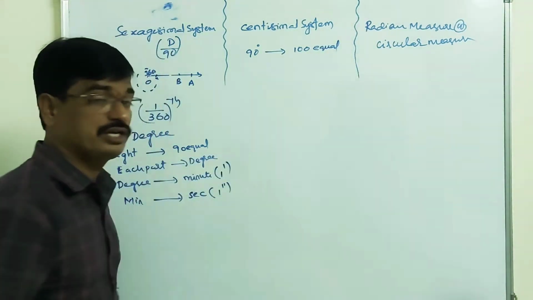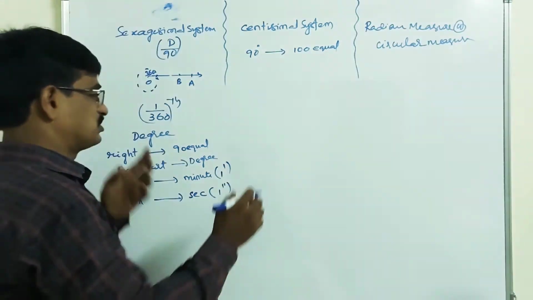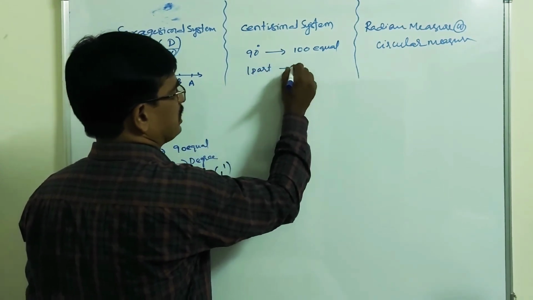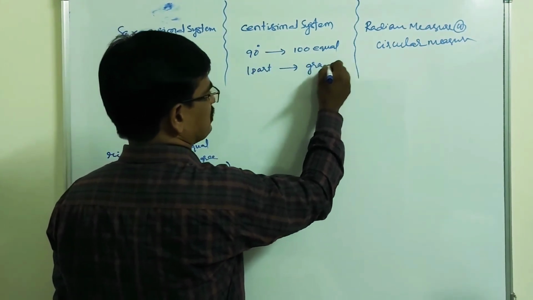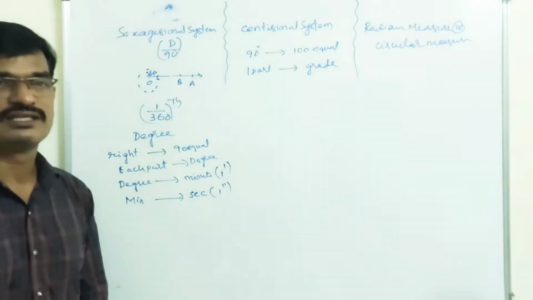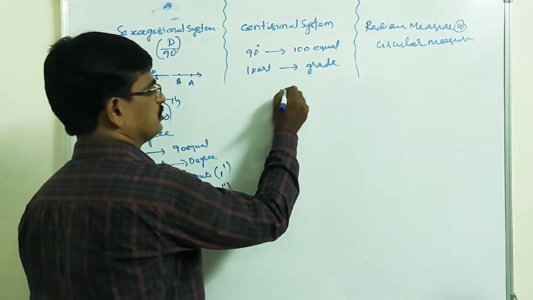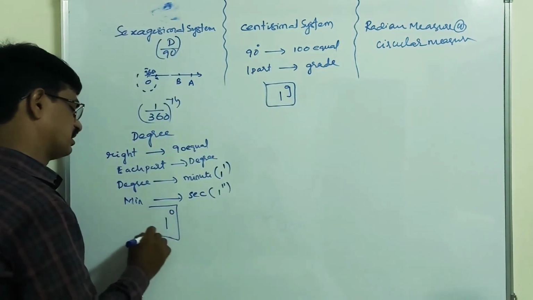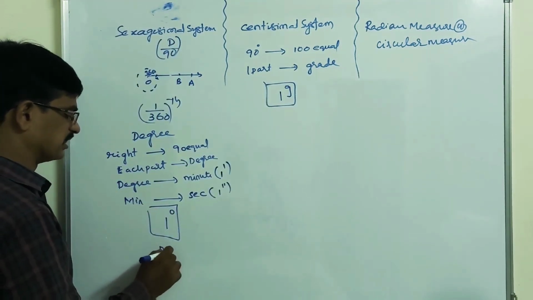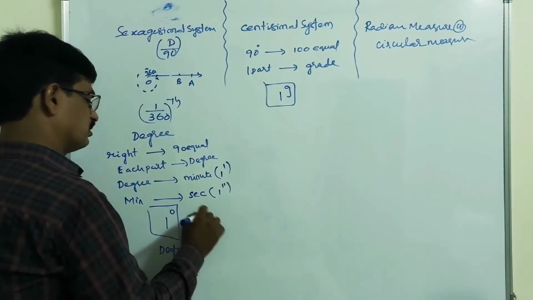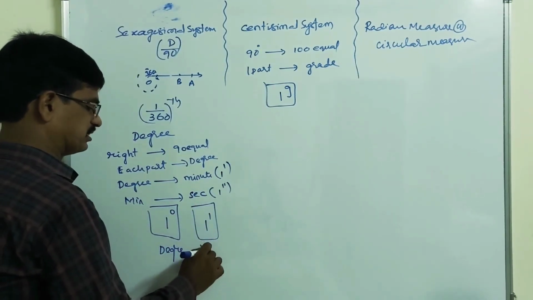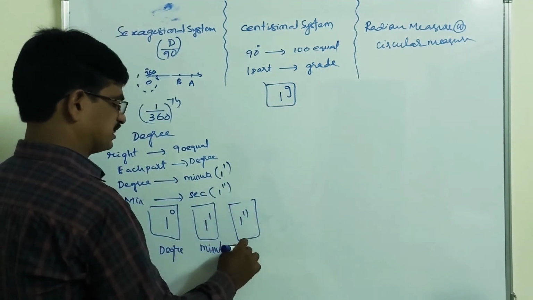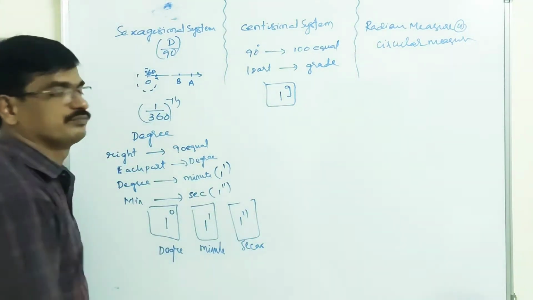Each equal part is known as a grade, and it is denoted like this. Here degree is denoted like this, this one is minute, this one is seconds.